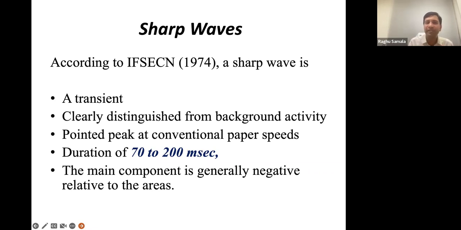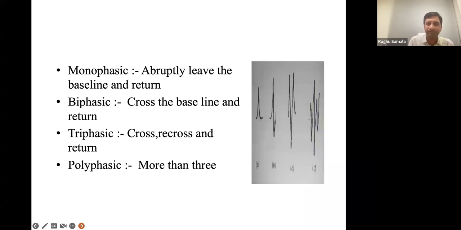This is the most important thing. It has to be clearly distinguished from the background activity, with a pointed peak, and the duration is 70 to 200 milliseconds. The main component here is also negative. So you have two abnormal things: one is a spike and the other one is a sharp wave. Both have to be transient and clearly distinguished from the background activity.